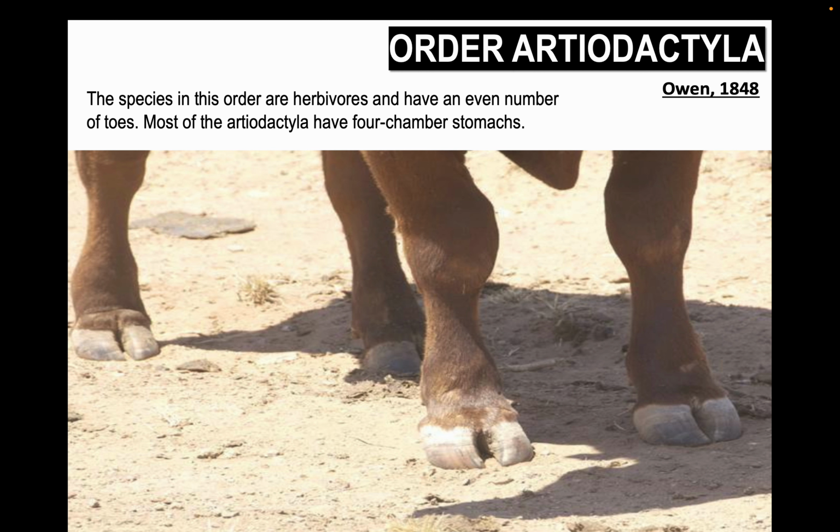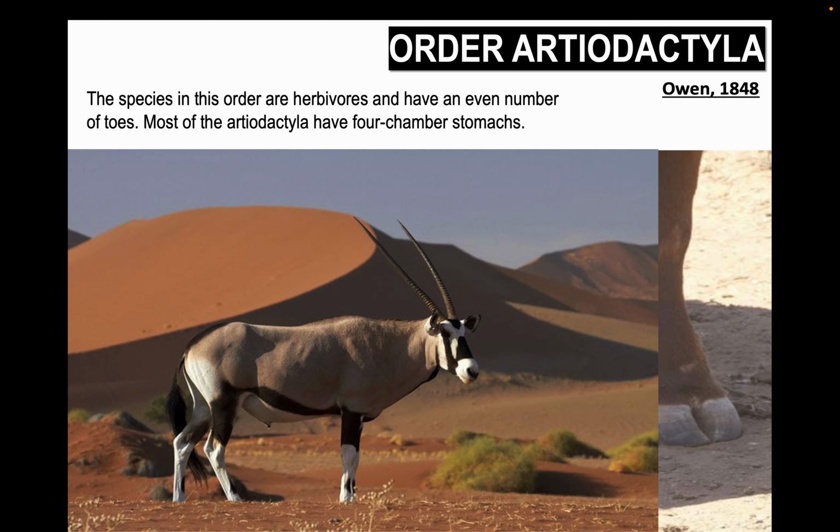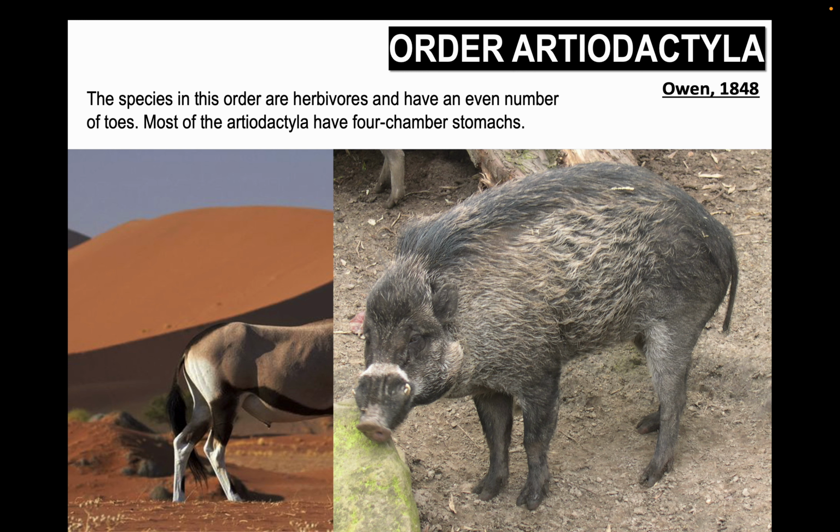These species are herbivores with an even number of toes. You can see here the characteristic number of toes on the fore and hind limbs of the animal. Most Artiodactyla possess four-chambered stomachs. Since most of them are herbivores, it requires more complexity to digest vegetative material. Some common examples of Artiodactyla.